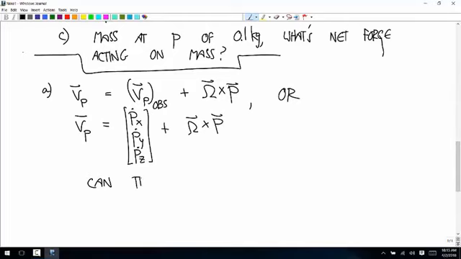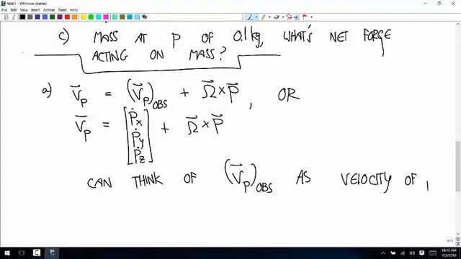You can think of this observed velocity as the velocity of P if the horse were at rest.